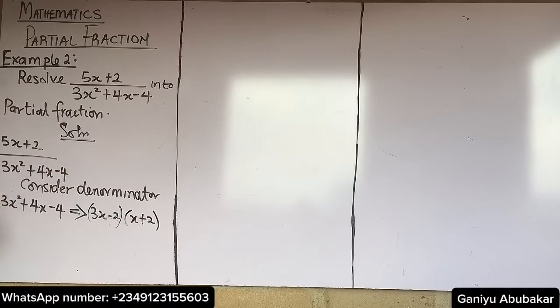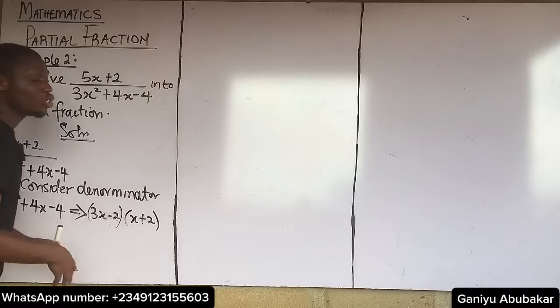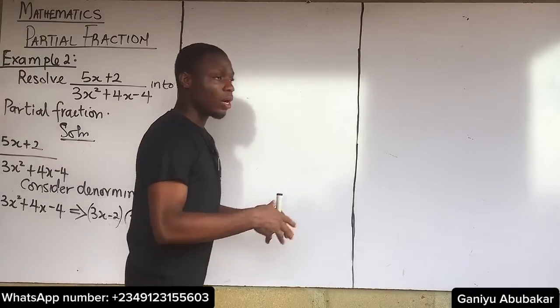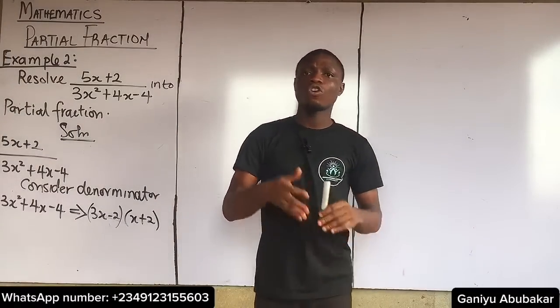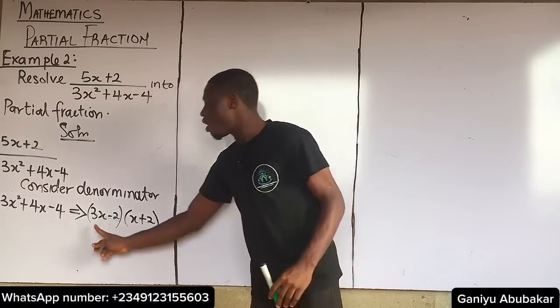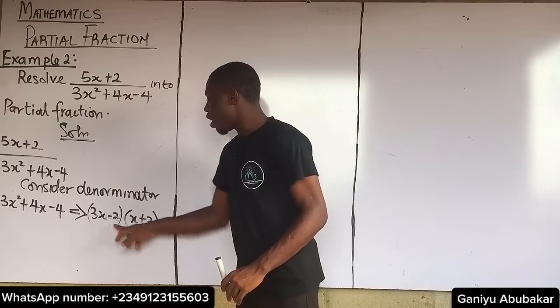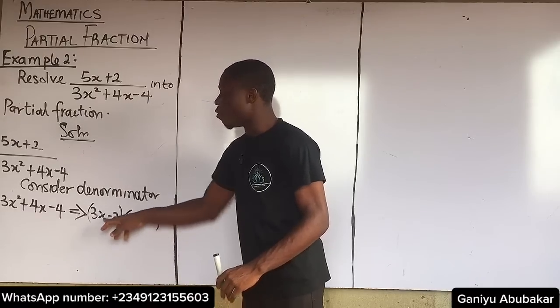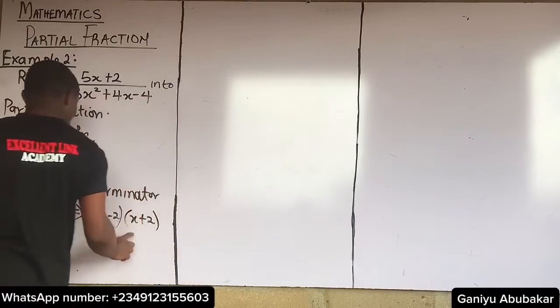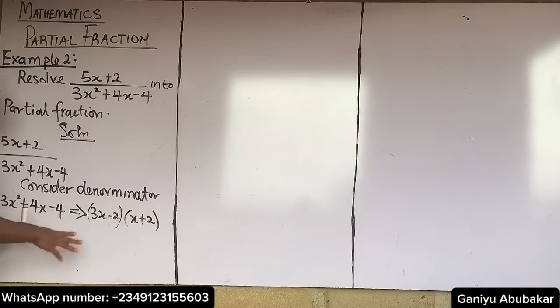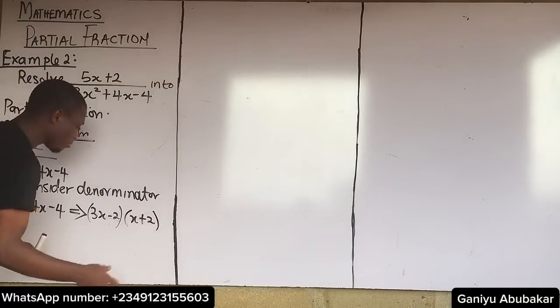If I solve this equation quadratically using the complete square method, factorization method or quadratic formula method, you have these two roots. So it means that the partial fraction in this form exists. At this point, I'll now write out the general form of the partial fraction.